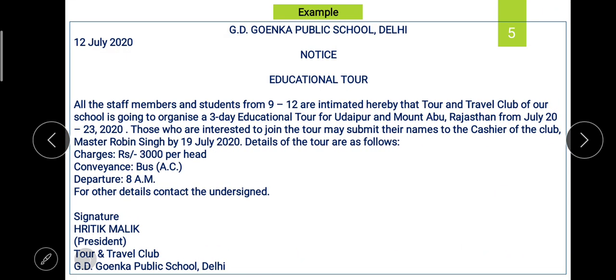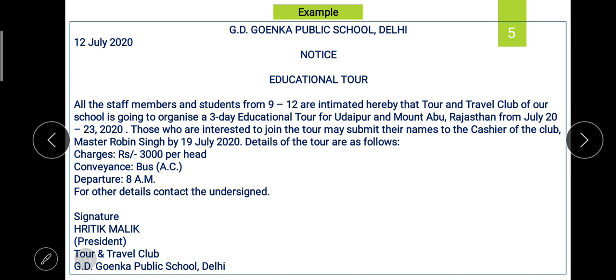Now let's see one example. So we can see this is a notice written by the president of Tour and Travel Club of GD Goenka School to intimate the staff and the students of 9th to 12th class about a 3-day tour.